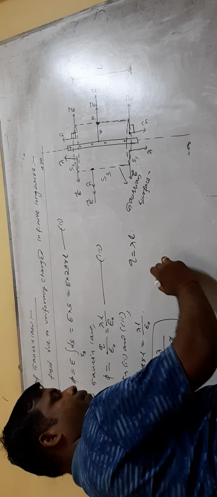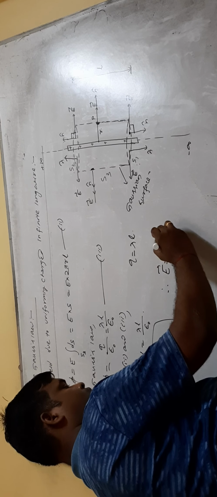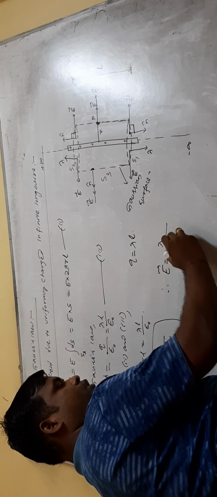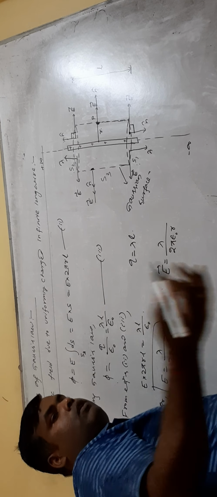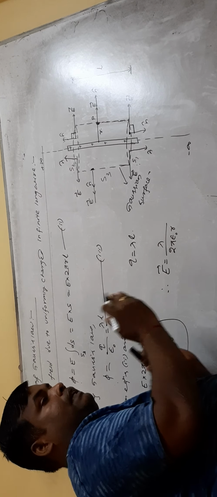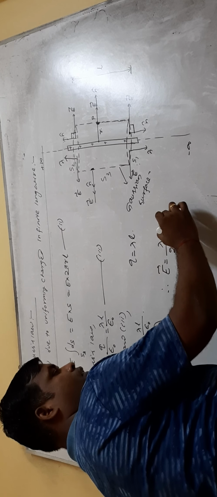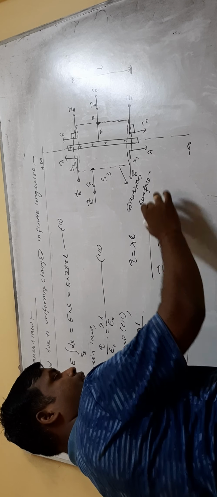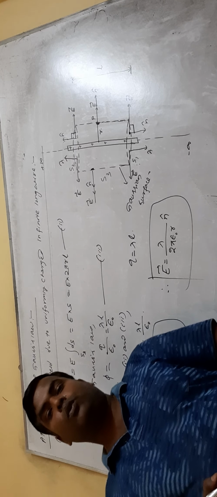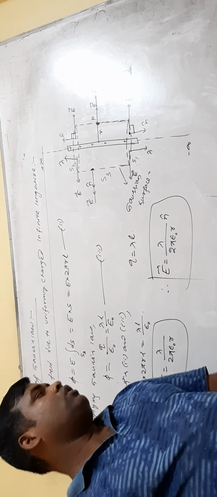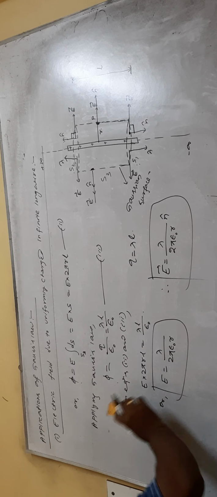Therefore, in vector form you can write E vector is equal to lambda by 2 pi epsilon 0 R. You know, any vector quantity can be represented by magnitude into unit vector. The unit vector is your n cap. So E vector is equal to lambda by 2 pi epsilon 0 R into n cap. It is your vector form.